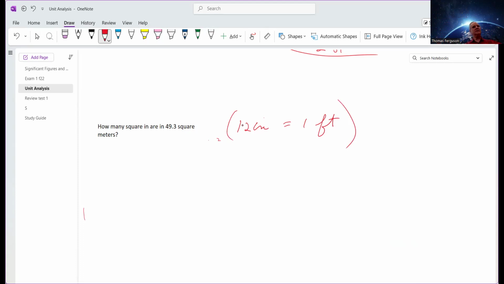That's linear, one dimensional. We're doing square inches and square feet, that's two dimensional. So we have to impose squareness on all the units. That means we're going to have 12 squared inches squared equals 1 squared feet squared. Now we have a conversion factor that converts square inches to square feet.